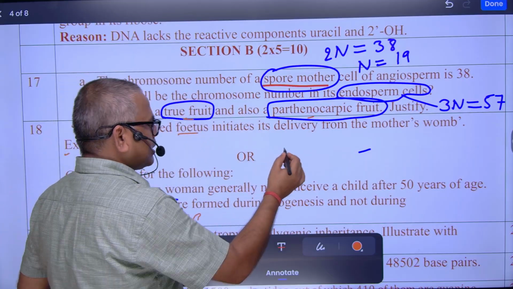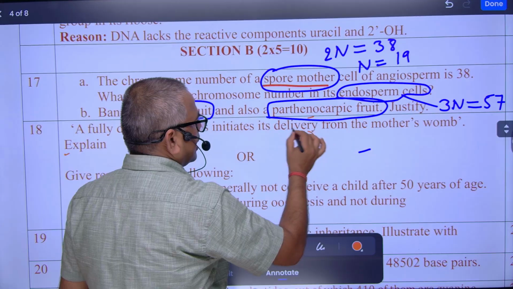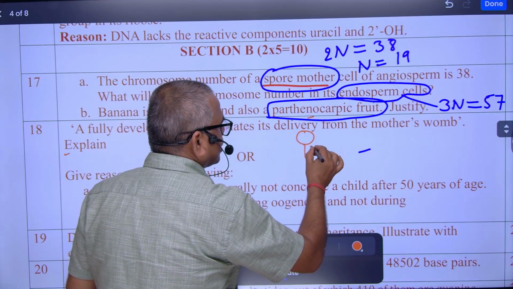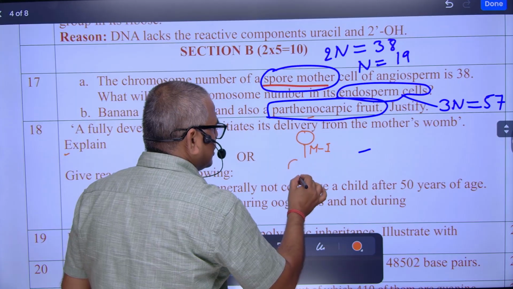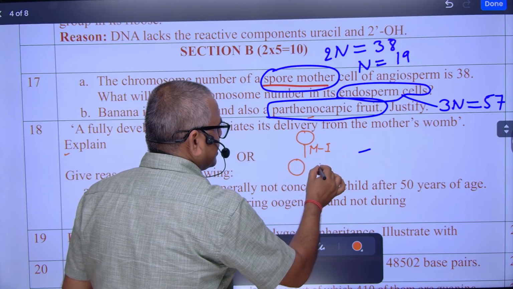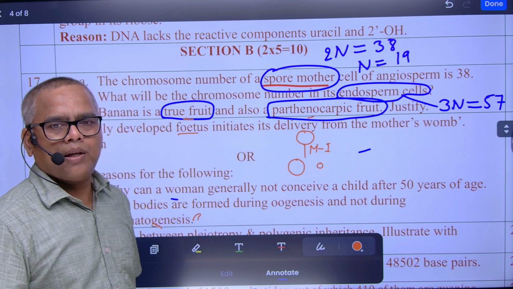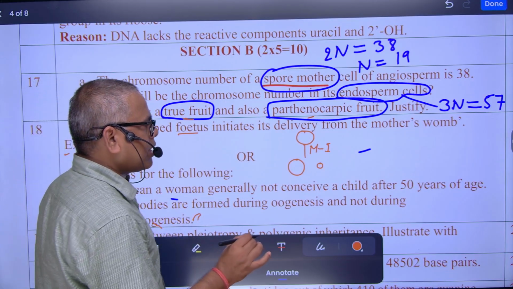Suppose there is an egg mother cell. When that egg mother cell undergoes meiosis 1, during the process of cytokinesis, the cytokinesis is found to be unequal. So we have to simply use the term unequal cytokinesis.